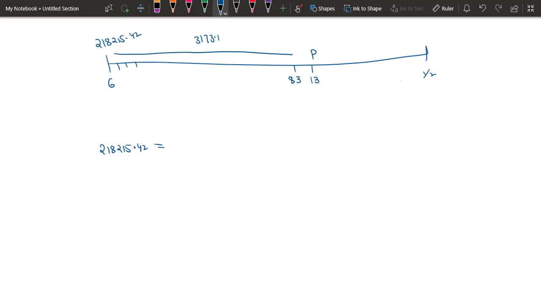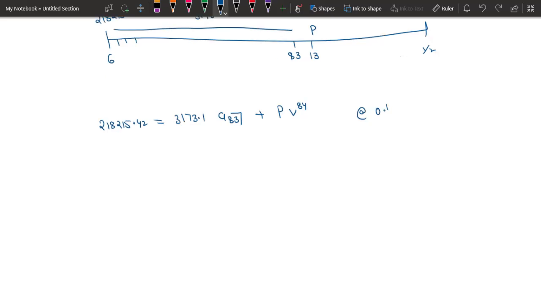P. We know one thing, that our amounts are going to be 3173.1, and we will pay 83 installments of this amount plus the last installment P at time 84, v to the power 84, and I am using the interest rate 0.486%.